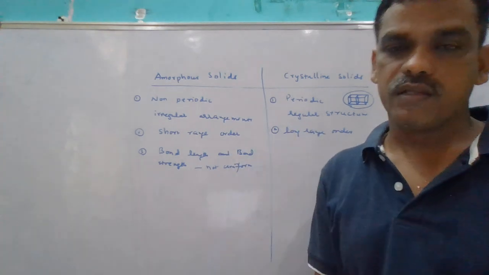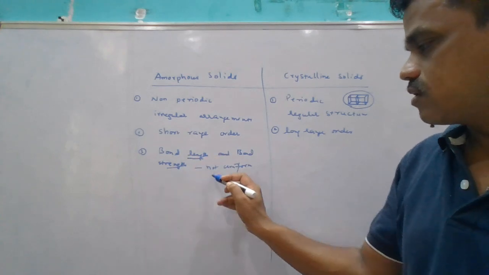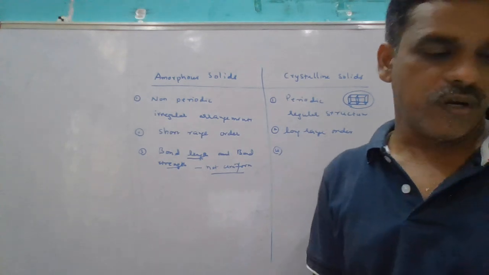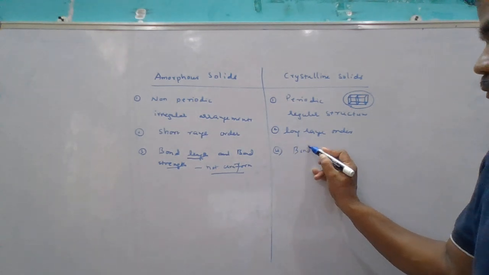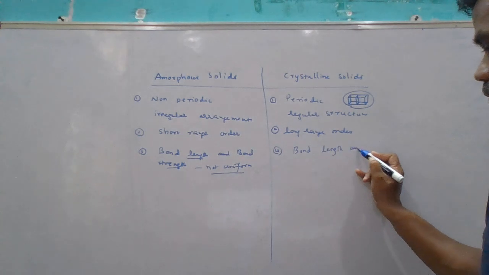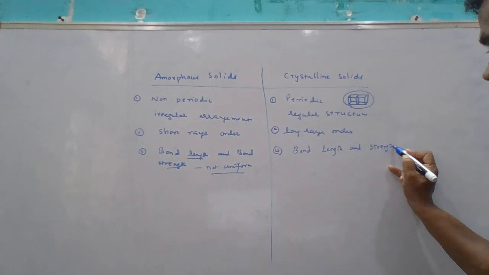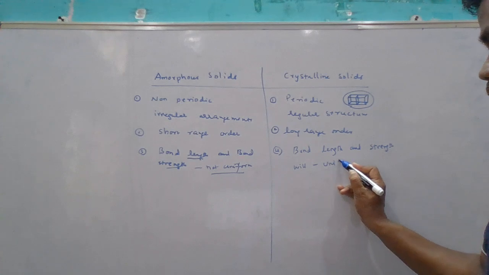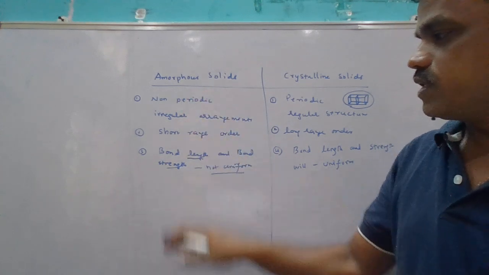So here bond length and bond strength are not uniform. But if we go for crystalline structure, bond length and bond strength will be uniform.